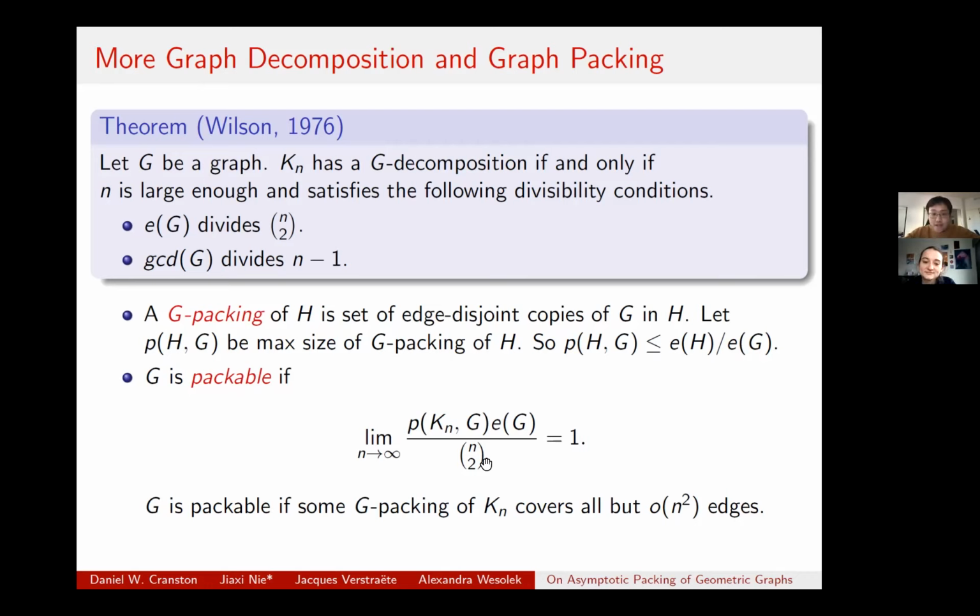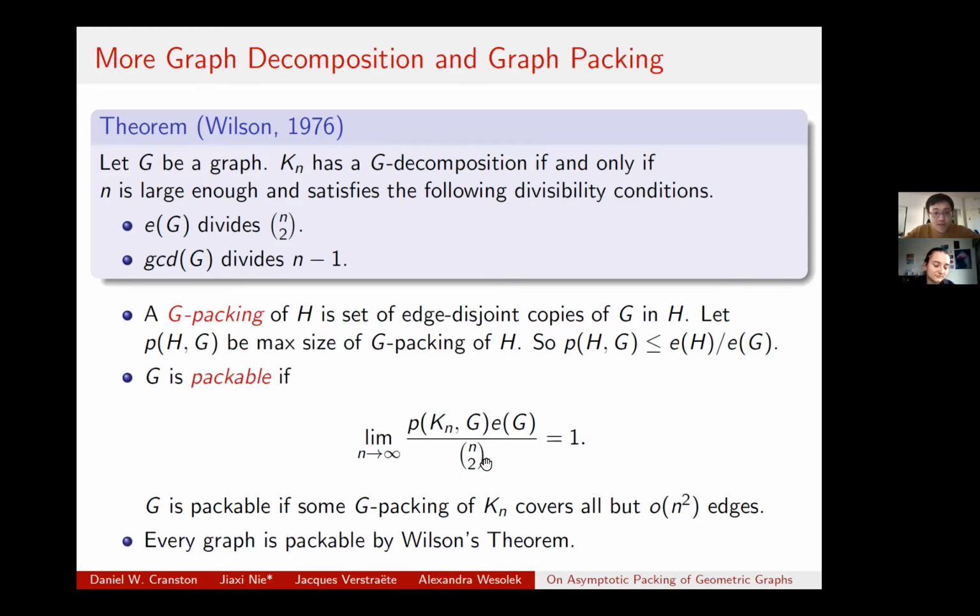Okay, let's continue. So basically, graph decomposition asks when Kn has a complete, perfect G-packing, and asymptotic packing problems ask when Kn has an almost perfect G-packing.